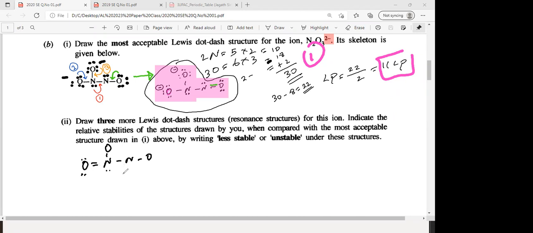Why? There will be a plus charge. So then this one I distribute both this. I'll make this one octet. And this one then incomplete octet.